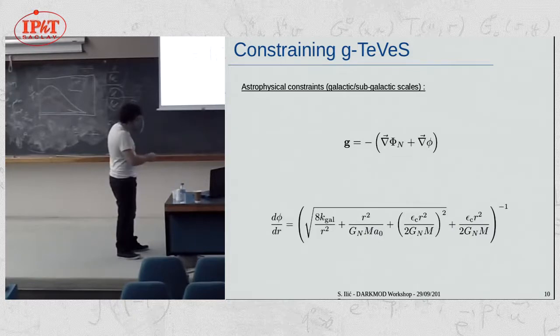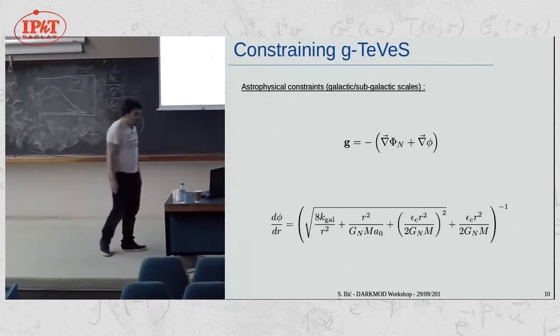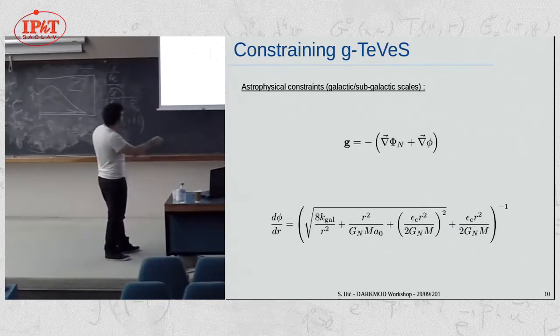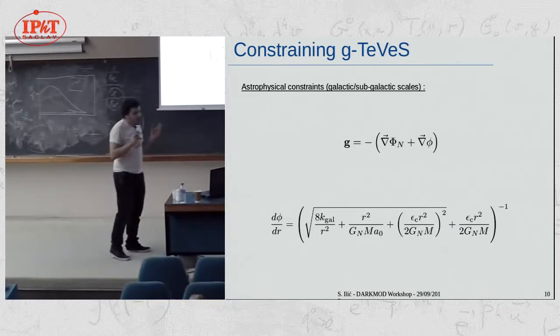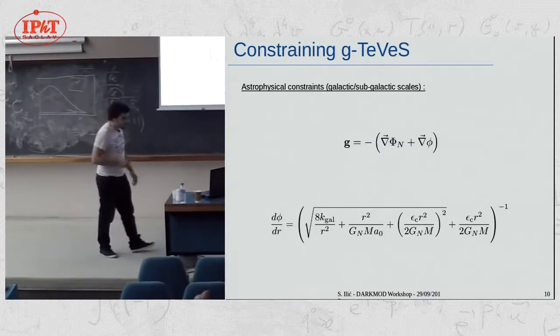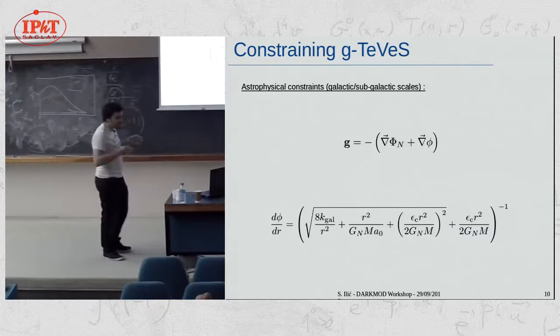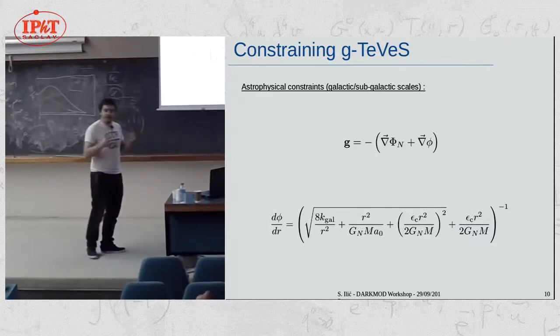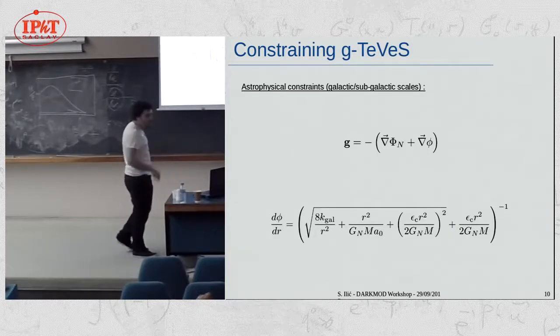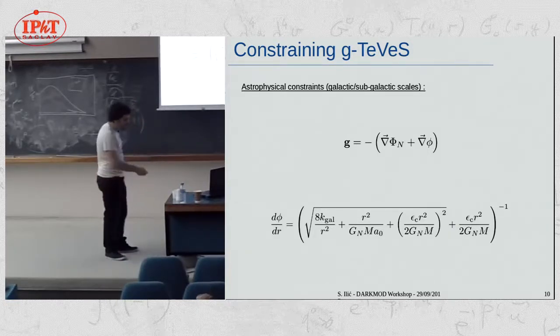So a quick look through those astrophysical constraints. The a0 that appears here is the same a0 as in MOND, so it's therefore constrained by rotation curve measurements. This k-gal term needs to be big enough to dominate in solar systems, so as to provide this nice screening mechanism, but it needs to be small enough so as to not dominate in low baryonic systems that still show mass discrepancy in the observations.